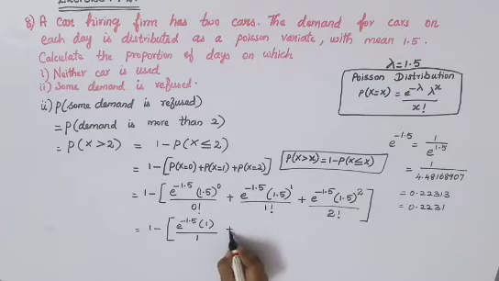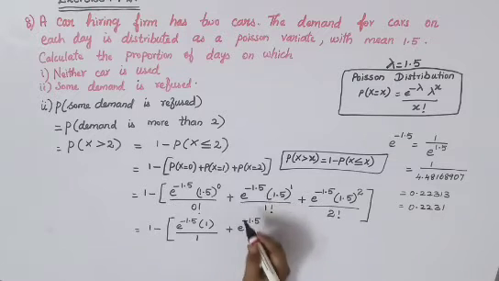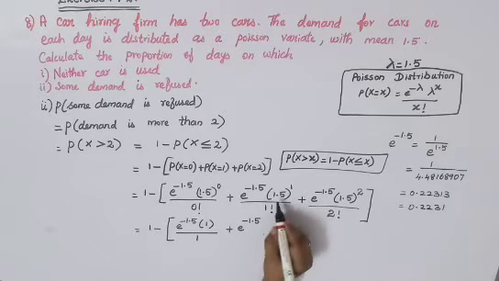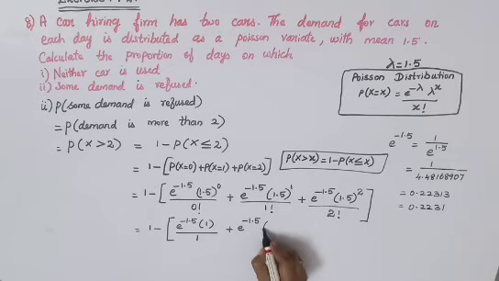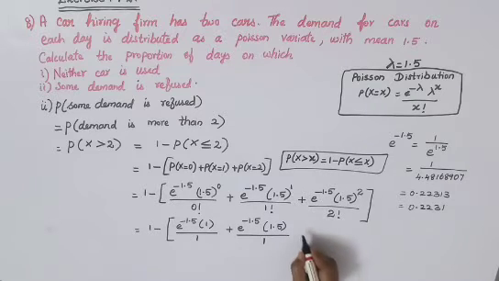Plus e power minus 1.5 as it is, 1.5 the whole power 1 will be 1.5 only, divided by 1 factorial, which is again 1.